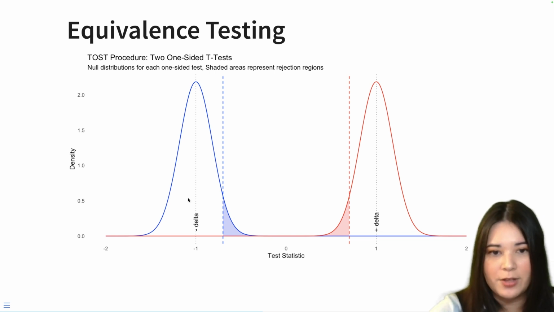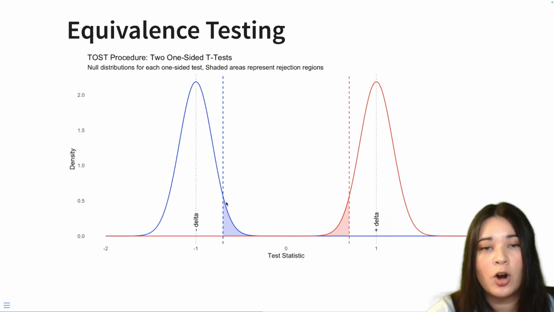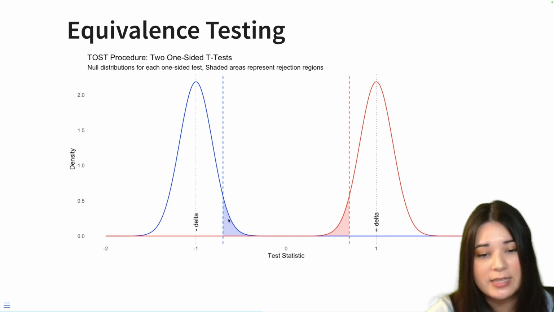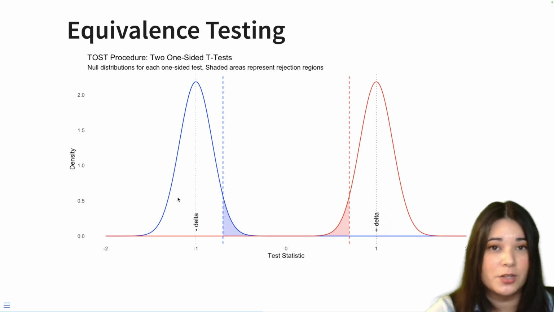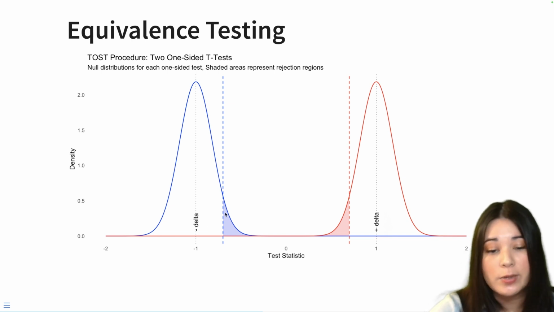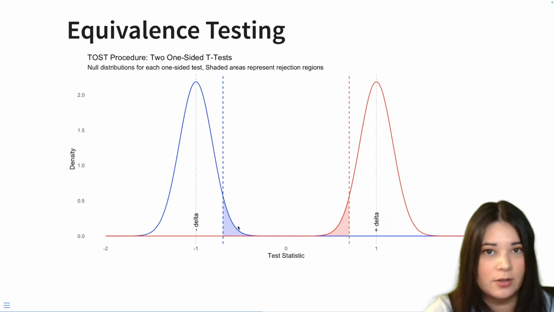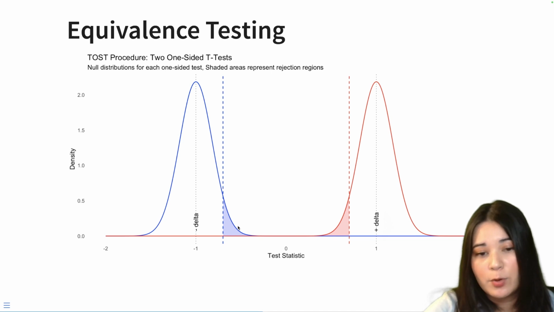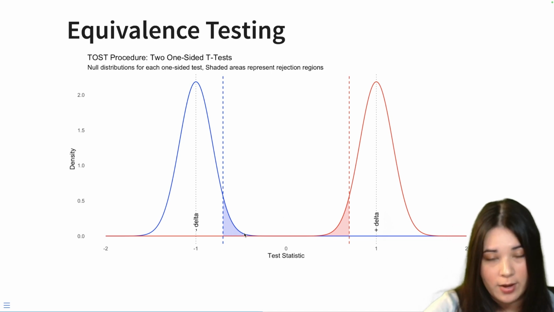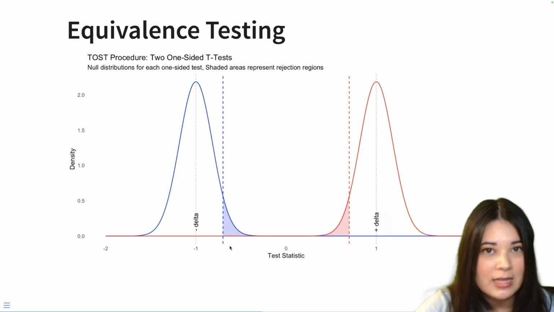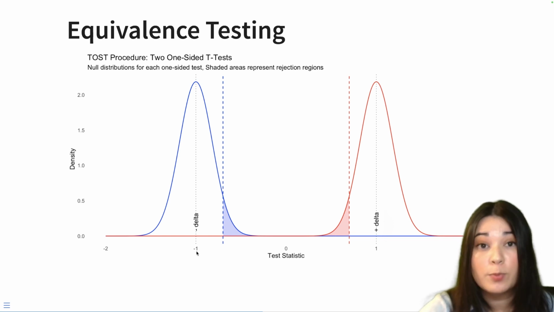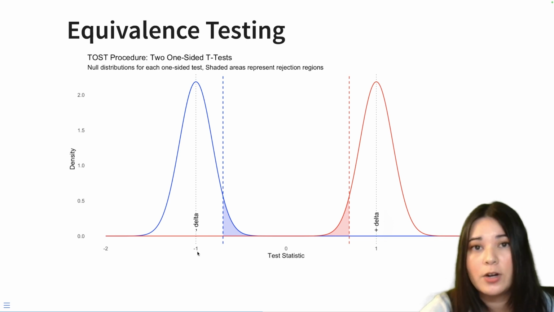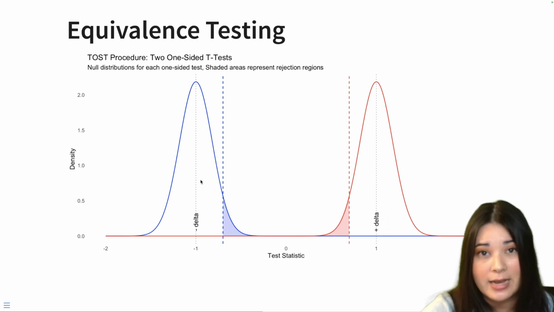You can see that value with the dotted line here, and our rejection region is highlighted or shaded in blue here. If we look at this test alone, we can see that if we do end up rejecting the null here, we're basically providing evidence that the value is greater than -1. So let's say that that test is significant. We've provided evidence against the null that our difference between groups is -1.